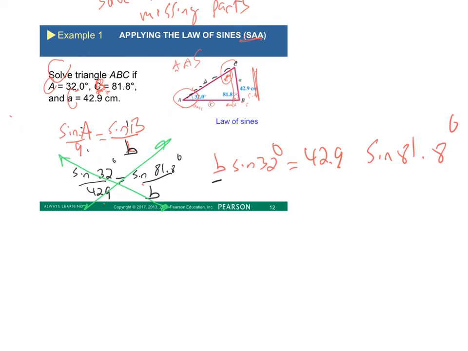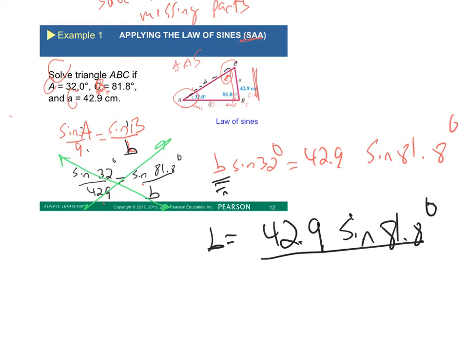Why did I say cross multiply and divide? Because I don't know B. So B is 42.9 times sine of 81.8 degrees, all divided by sine of 32 degrees.